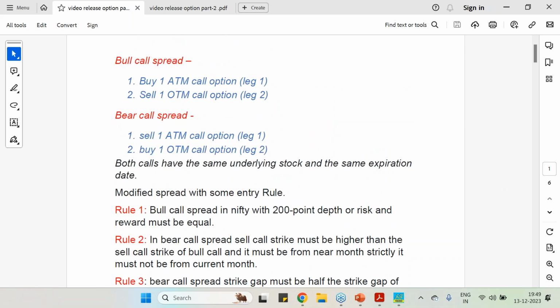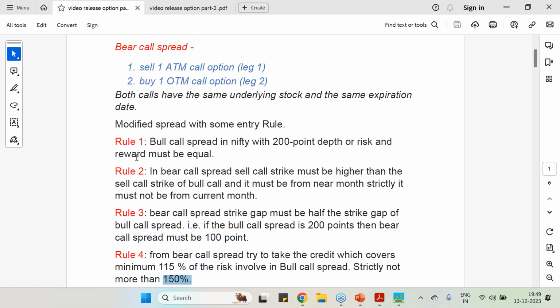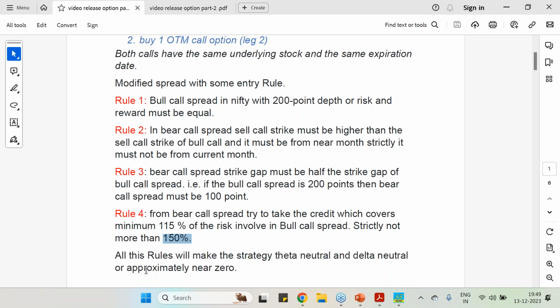Anybody who reads these 4 rules can frame another 2 rules, or 20 rules, or 45 rules. But why these rules? That is important. This makes it theta neutral, delta neutral, near zero. By that process only money comes.